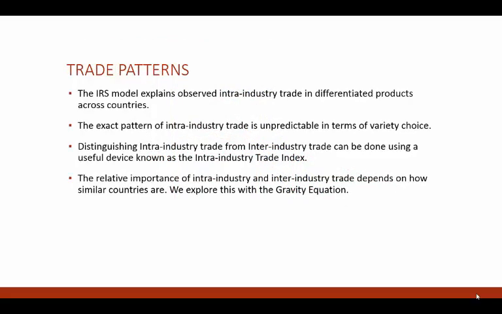The IRS model explains why we observe intra-industry trade in differentiated products across countries. In a sense, if the United States imports and exports cheese, we may say it's because residents in the United States like US cheese as well as foreign cheese.